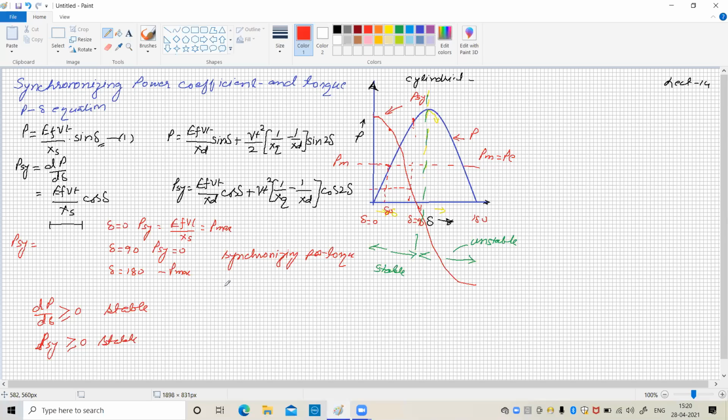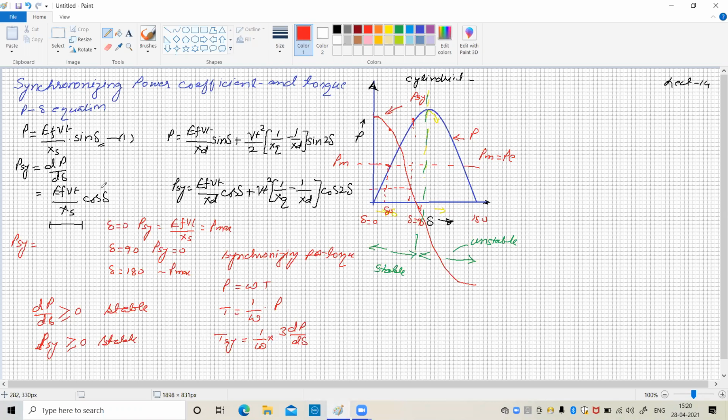Say power is equal to omega into T. So torque is equal to 1 upon omega into P. Therefore synchronizing torque coefficient TSY is equal to 1 upon omega into 3 dP upon d delta.